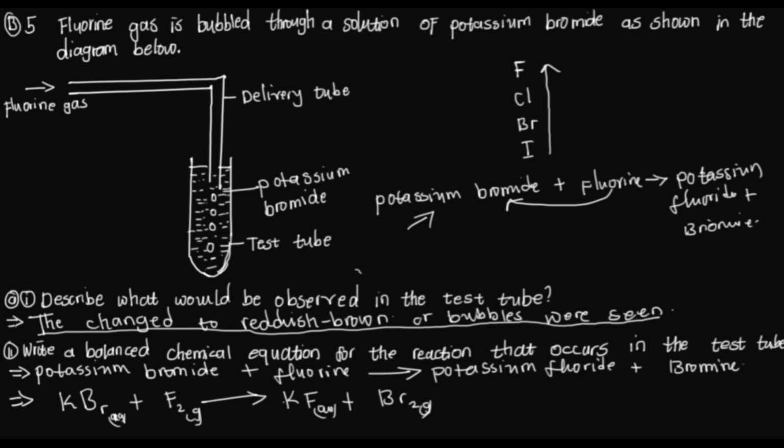So we can now see we want to balance. So here we can see that on the product side we have 2 atoms of bromine, but on the reactant side one, so we can put a 2 in front of potassium bromide. So we can see that we have 2 potassium and also 2 bromine. So we can see that even here we need to have a 2, so that we have 2 potassium and 2 fluorine. So therefore our equation is now balanced.